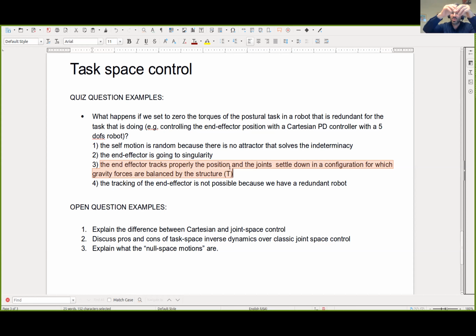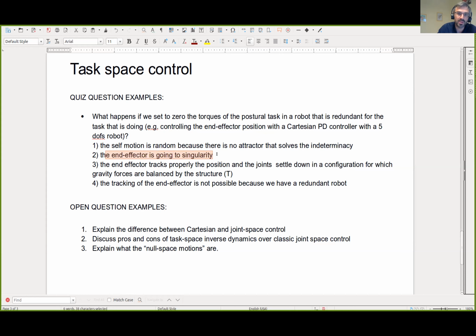If you run the simulation, you see the robot just moving while following the end effector, but gravity forces are applied and they put the robot in a configuration that, if the end effector is not moving, will be stable and constant. Then, the end effector going to singularity.